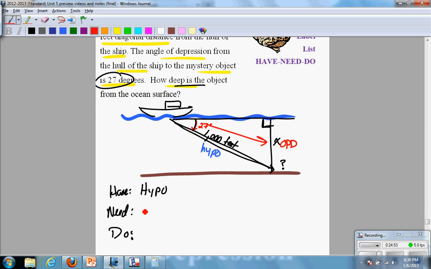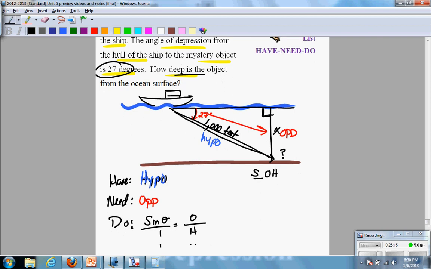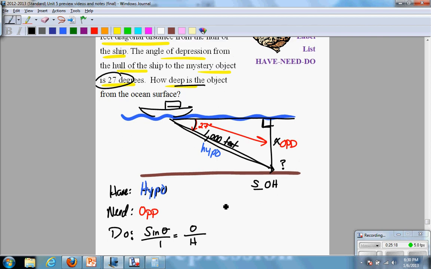It's opposite of the 27 degrees. So we look at the OH combination in SOH CAH TOA, and what goes with OH is sine. So we're going to do sine of theta over 1 equals opposite over hypo. That's your sine ratio. So now we circle, plug, chug.